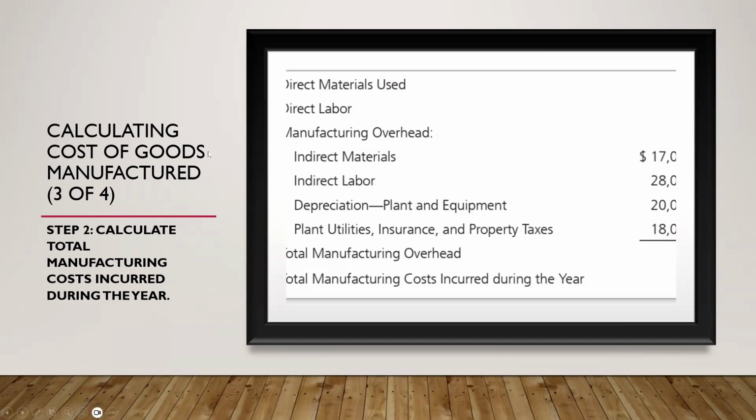So the direct materials used, then you have the direct labor, you have manufacturing overhead: indirect materials, indirect labor, depreciation, and utilities. All of this information is in the textbook.